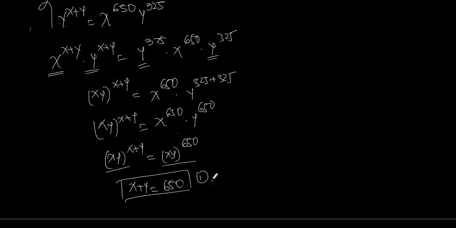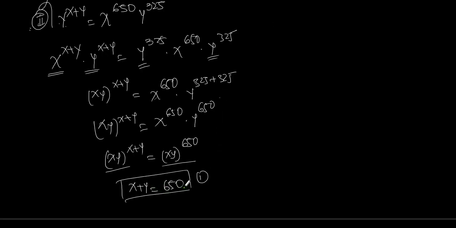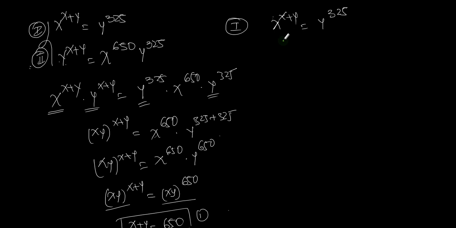From here, if x plus y is equal to 650, now we can replace this value in our first equation. I'm going to pick the first one, which is x to the power of x plus y is equal to y to the power of 325. Since x plus y is equal to 650, we have x to the power of 650 equal to y to the power of 325.